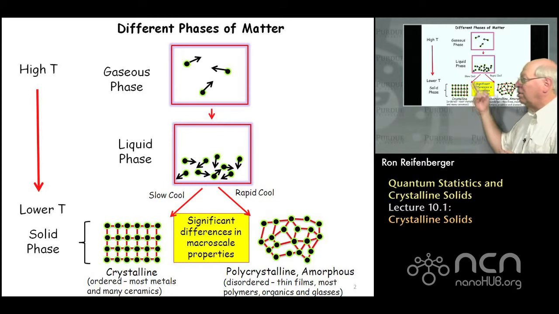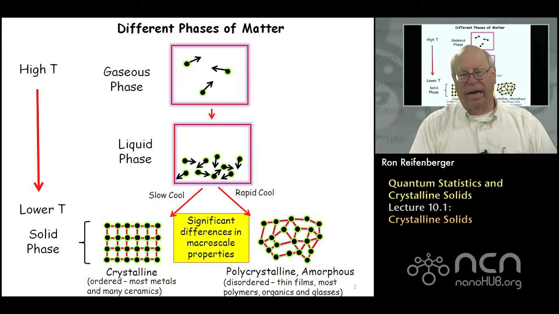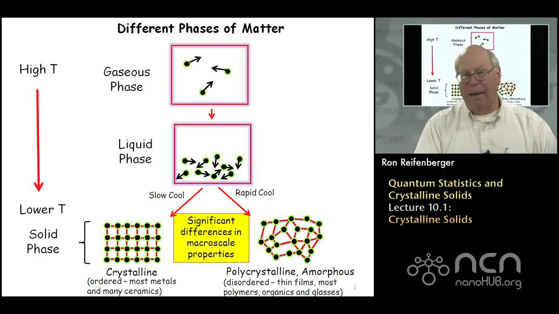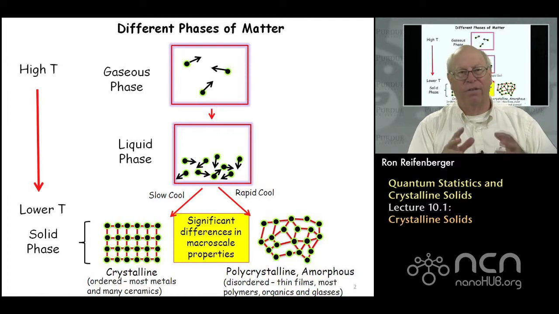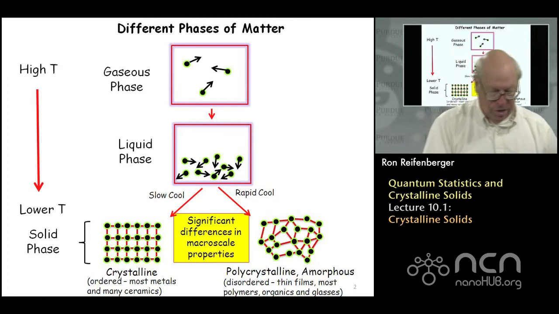So the interesting thing is that there are significant differences between the macroscale properties of the gas phase, the liquid phase, and the crystalline phase of matter. And of course, investigating and measuring these differences has been a topic of interest in solid state physics, or condensed matter physics, for well over 100 years or so.